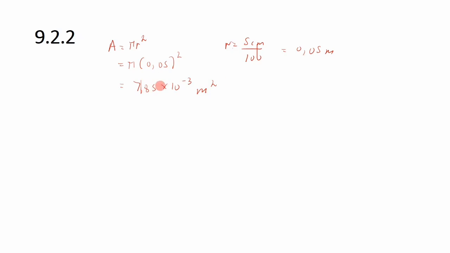I always prefer to write my area in scientific form, right? Then to calculate the magnetic flux linkage, that's BA cos theta. So what is your B? It's 5.20 and your area is 7.85 times 10 to the exponent of negative 3. Then we have cos theta.